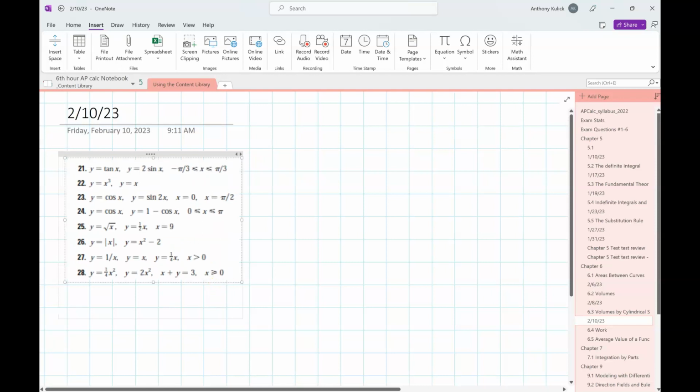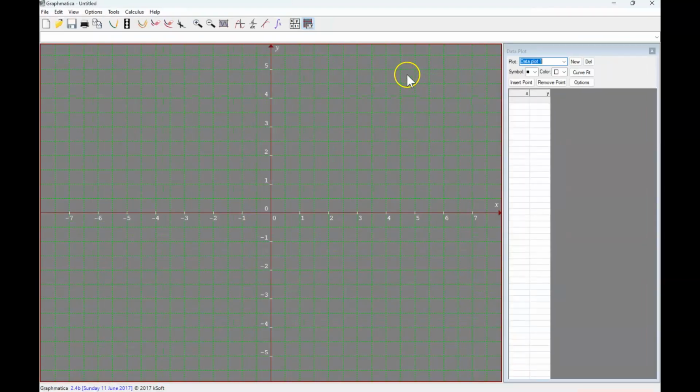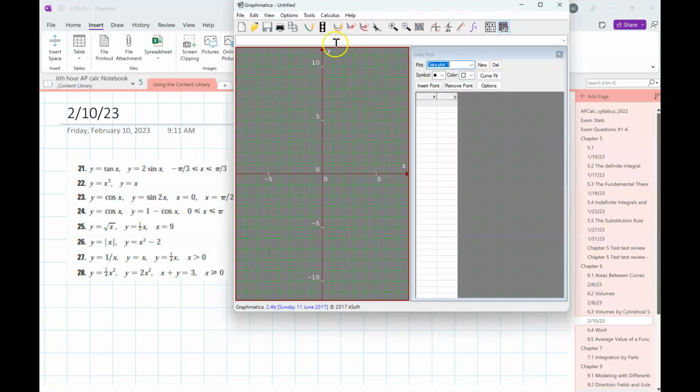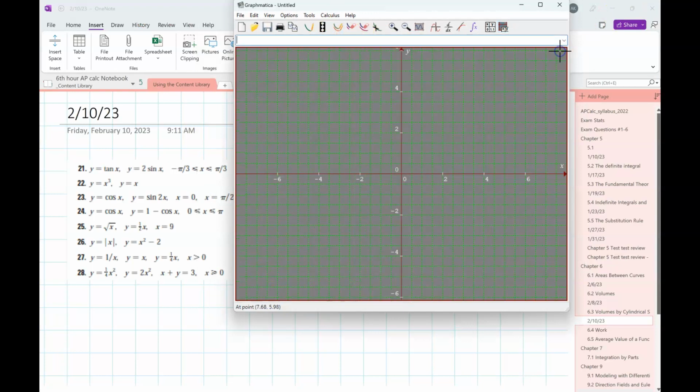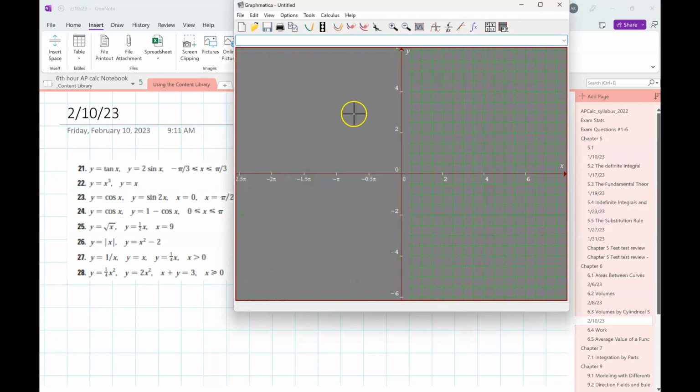All right. So first thing we'll do is let's get a picture of what's going on, right? I'm going to use some software to do that. Is that okay? All right. I'm going to reset my graph paper to have trig marks on it.